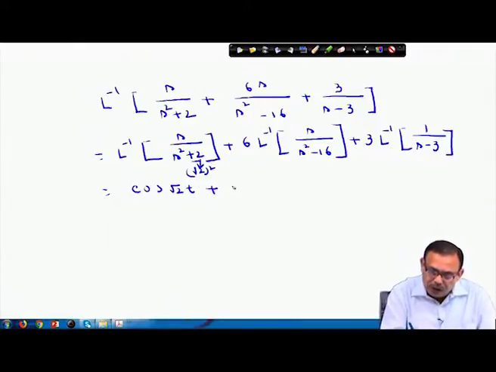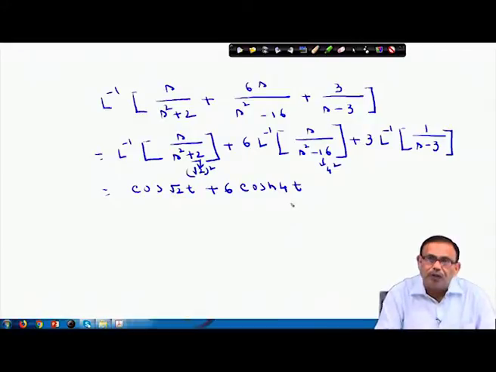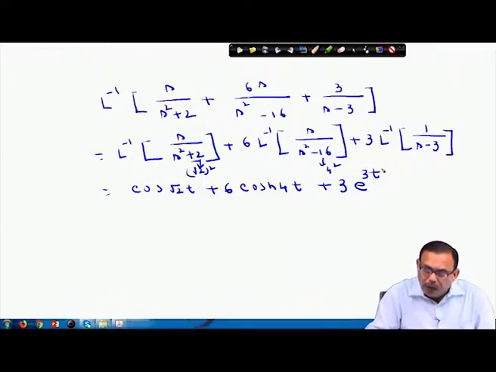plus 6 into s by s square minus 16. This again you can write as s by s square minus 4 square. So, this is nothing but cos hyperbolic 4t. Please remember that the Laplace transform of cos hyperbolic a t is s by s square minus a square, and the last one is easier, 1 by s minus 3, that is e power 3t.